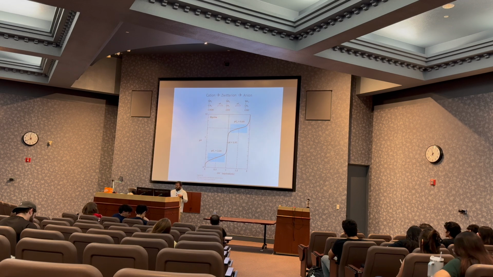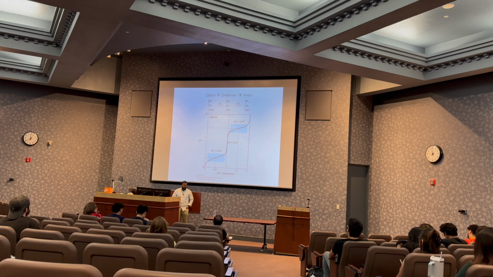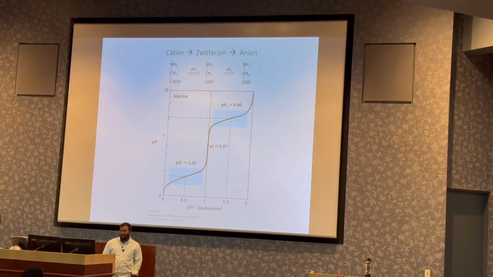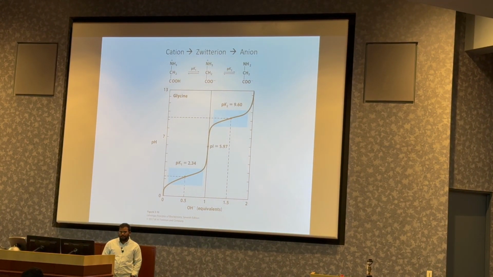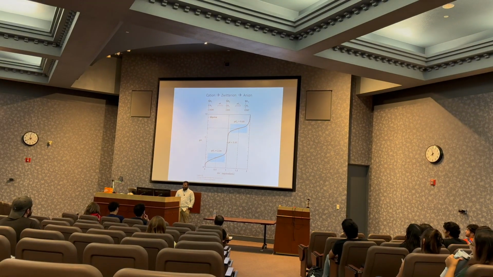Can I change the pK values, and can you calculate pI for me? I change pK1 to 2.5 and pK2 to 9.5. What's the pI? I'll repeat it once again. pK1 is 2.5 and pK2 is 9.5. What's the pI? 6. How? Average. Make an average.